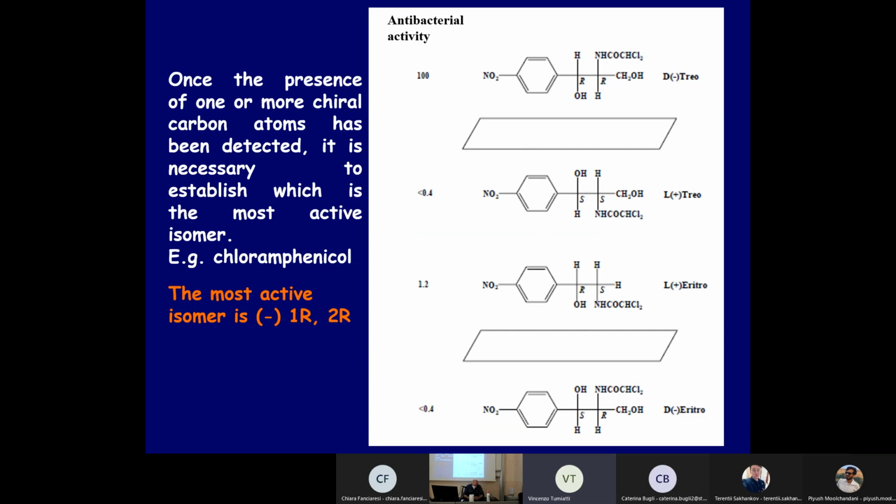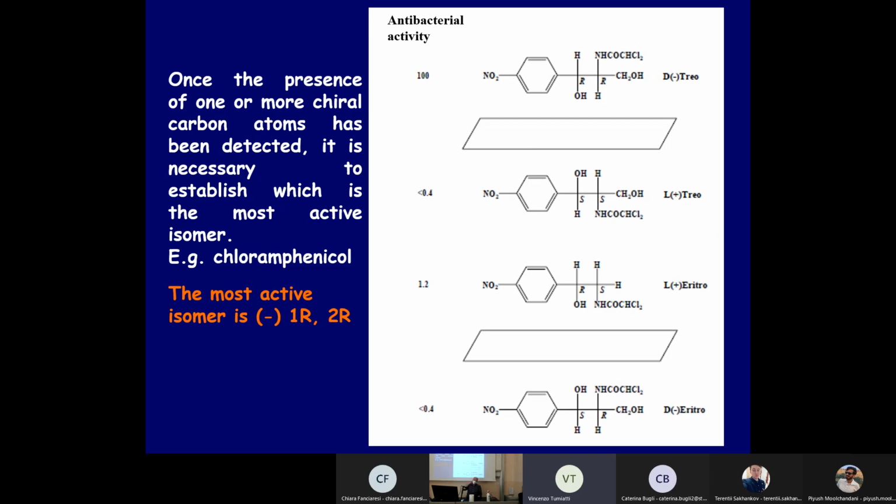But why is chirality so important in medicinal chemistry, once again? Here you have the chemical structure of 4 stereoisomers of an antibiotic called chloramphenicol. Chloramphenicol is quite old. It was discovered in the 50s. But it was important because it was the first antibiotic synthesized completely in a lab, so no fermentation from bacteria.